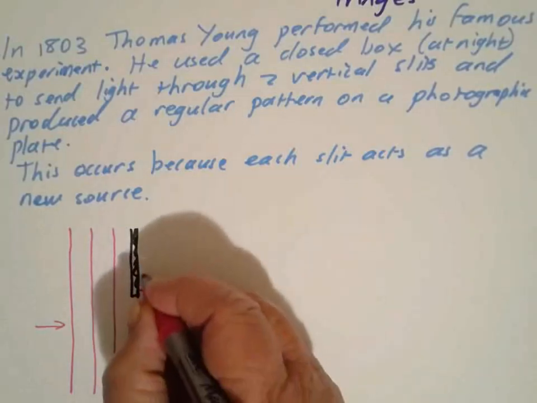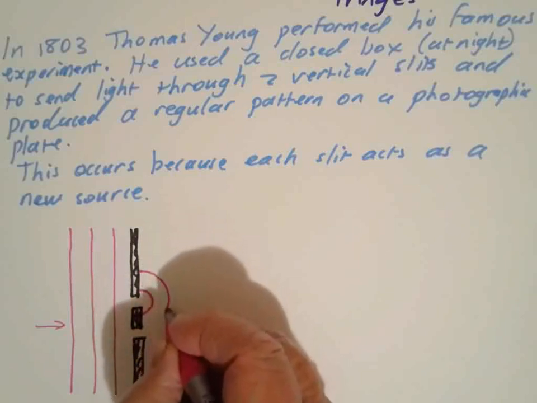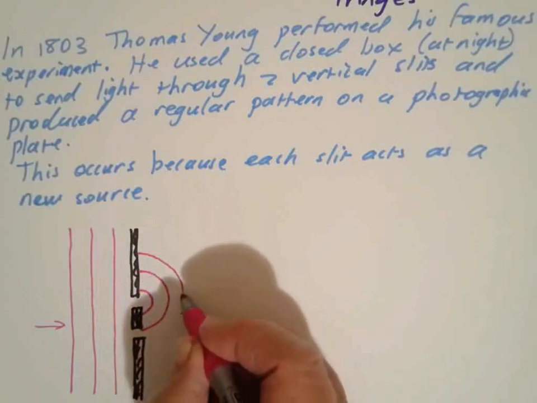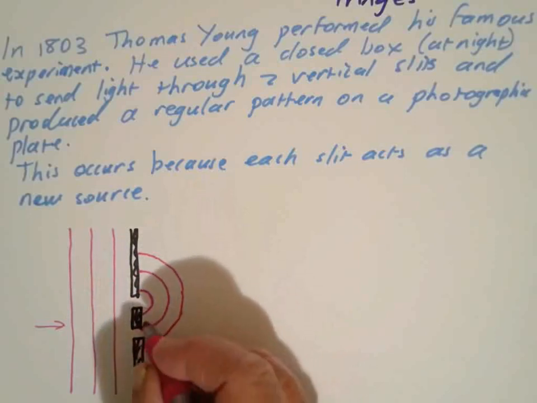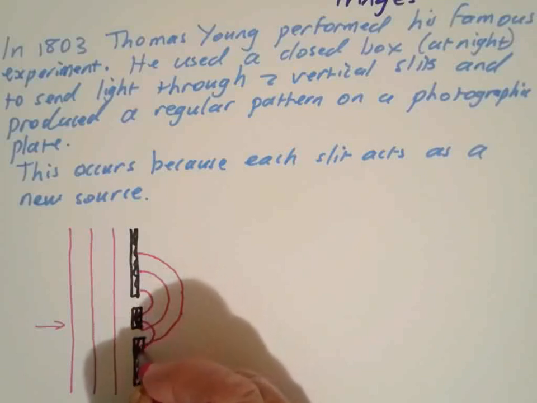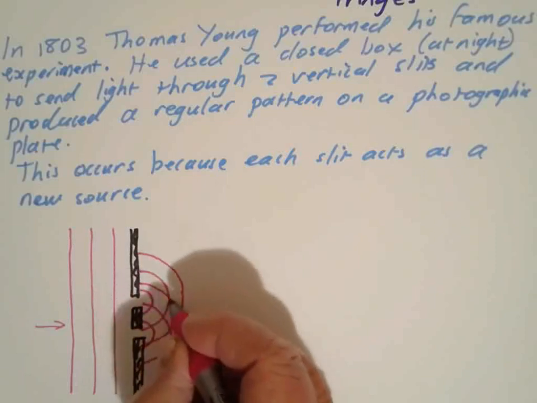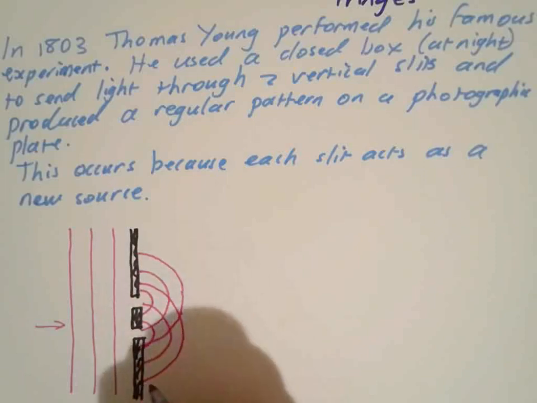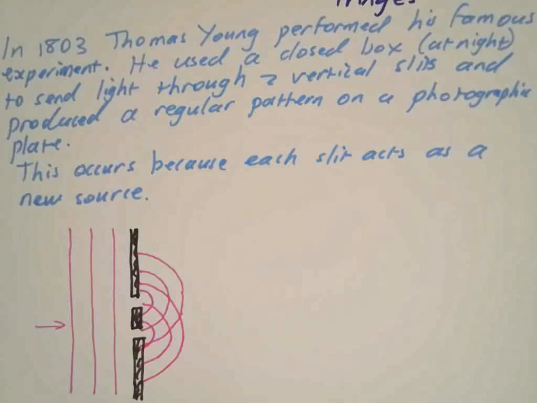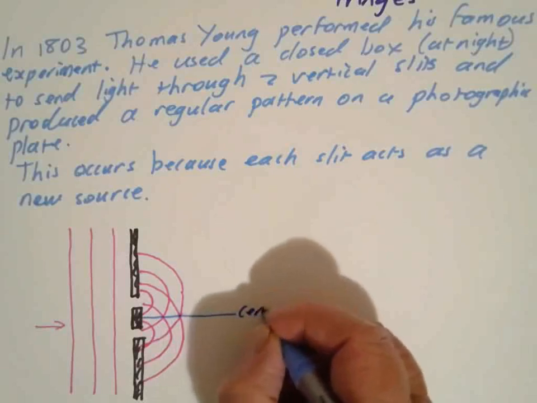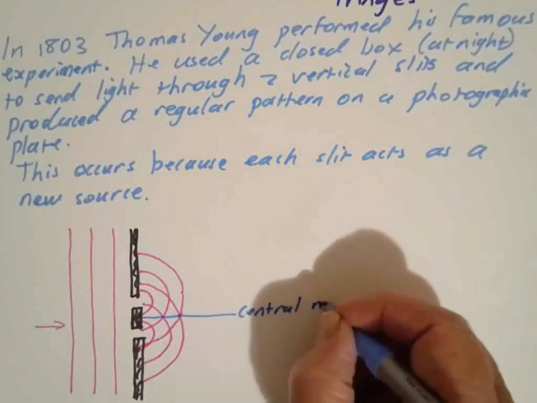So these waves are heading towards the barrier, and each slit acts as a new source. My task is to try to draw these as regular as possible. I think if I stop there I should just be satisfied that it kind of looks correct, because what we have coming up the middle looks like a central maximum, and that is fantastic.